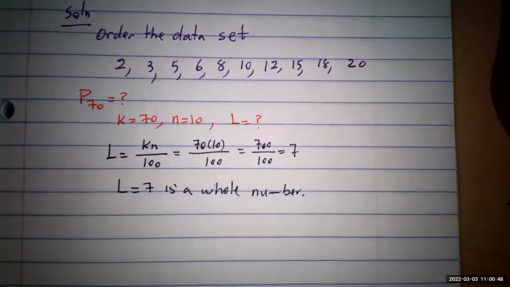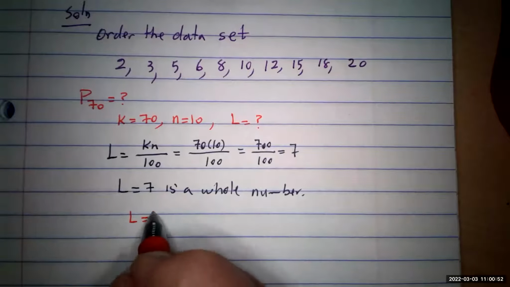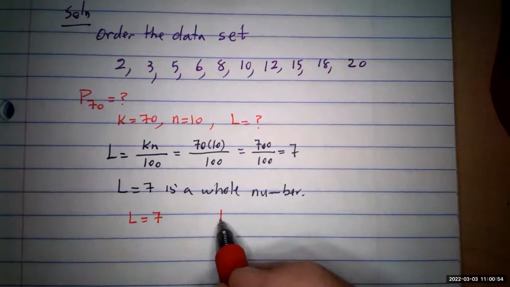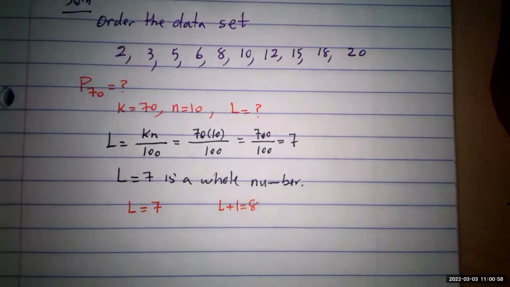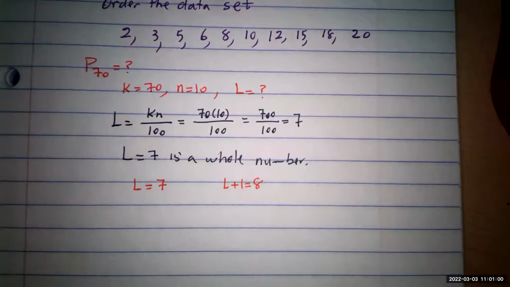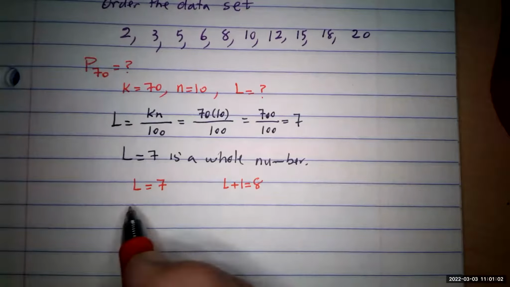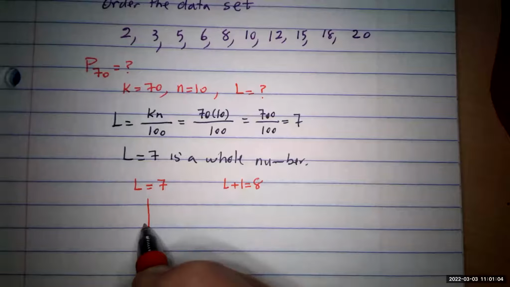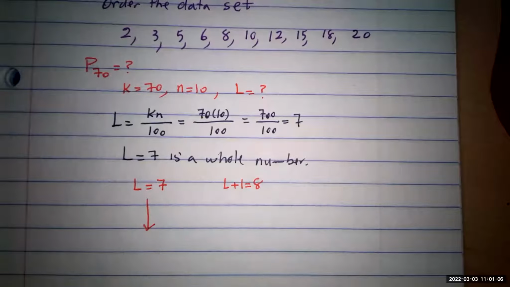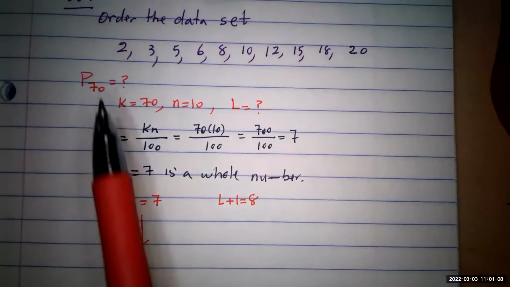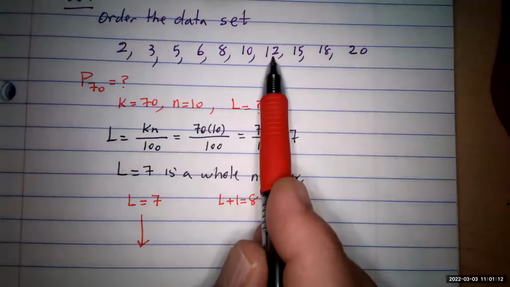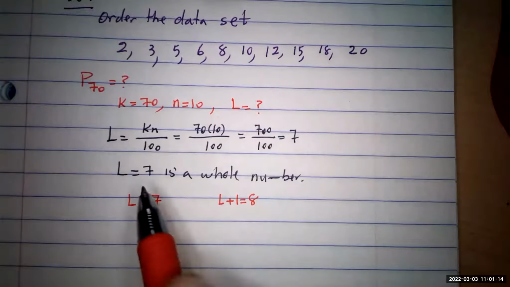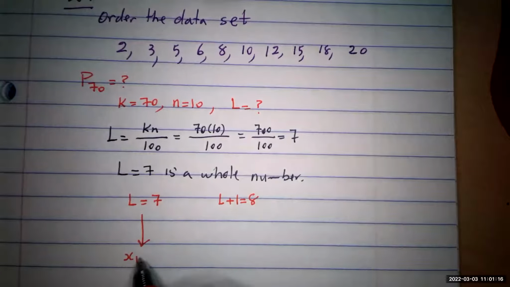Since it's a whole number, you have to consider L, which is equal to 7, and L plus 1, which is equal to 8. So you go to the set and identify what number is in each position. For the 7th position, you count 1, 2, 3, 4, 5, 6, 7, so the number, which I call X1, is 12.